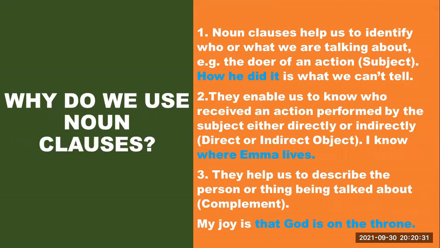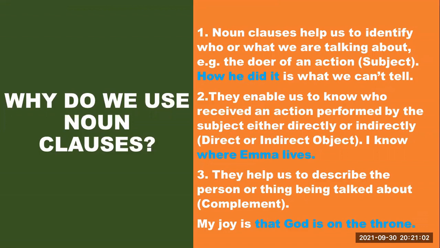Now, why do we use noun clauses? Very important to know. Number one, noun clauses help us to identify who or what we are talking about. For example, if you say something has been done or an action has been taken, which is what most English sentences express, of course, you have to identify who did what.